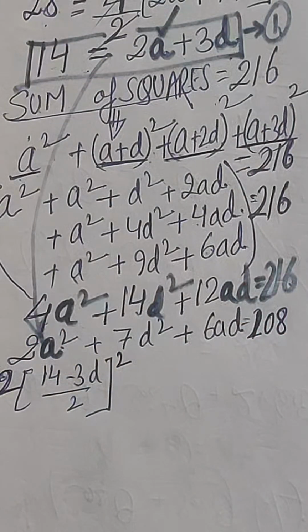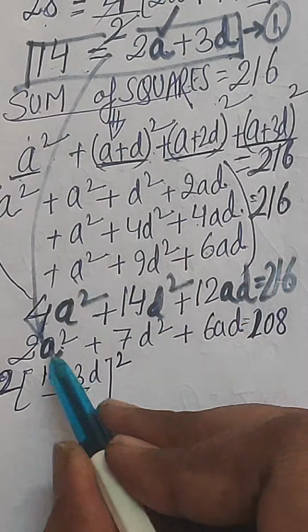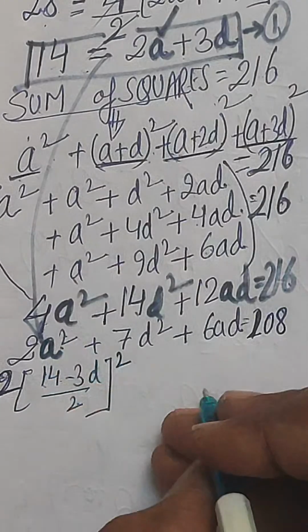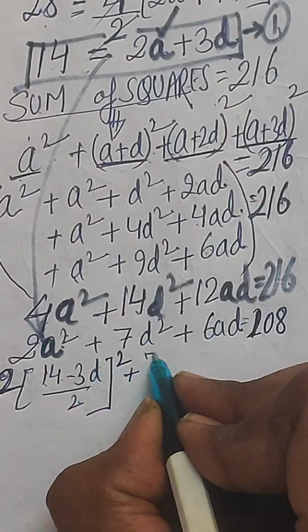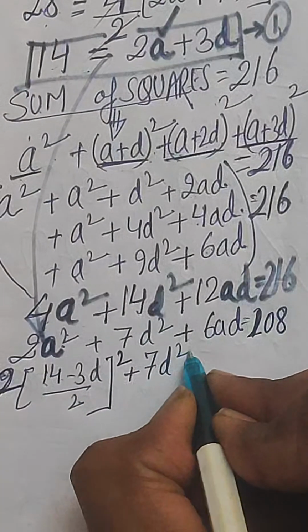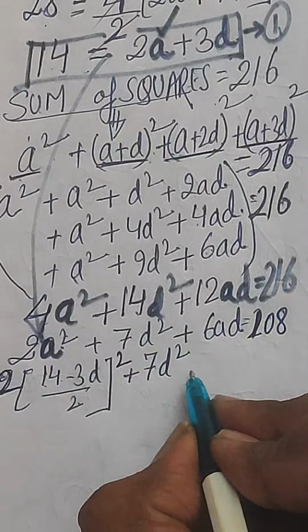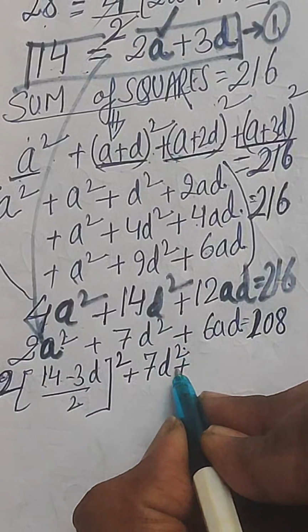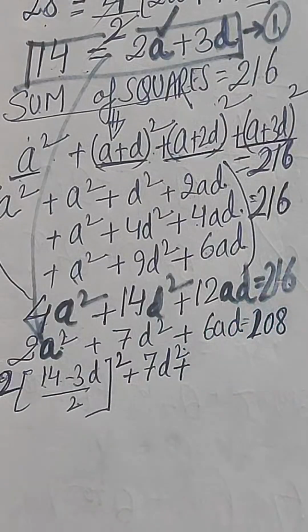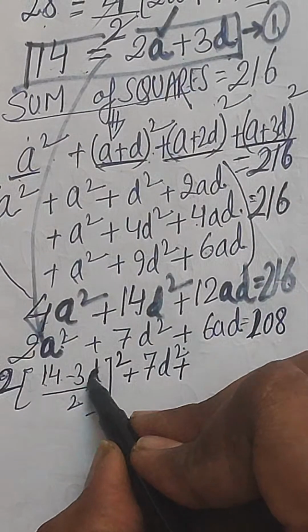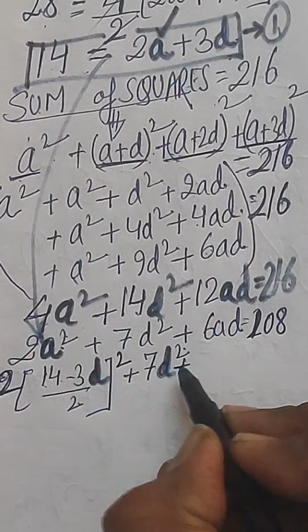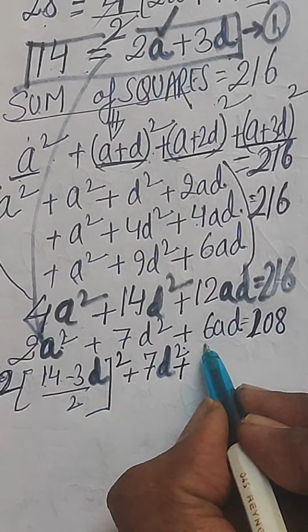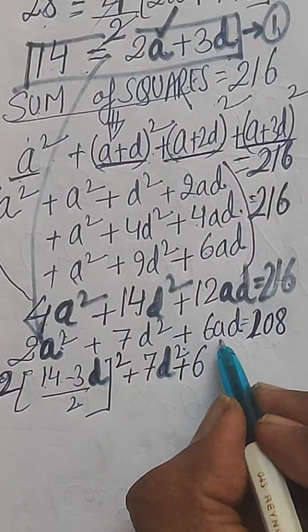Now 2 times (14 minus 3d by 2) whole square plus 7d square, because leave the d as it is, because we need to bring an equation with a single variable. So the variable over here is d, right? Plus 6 times a into d.